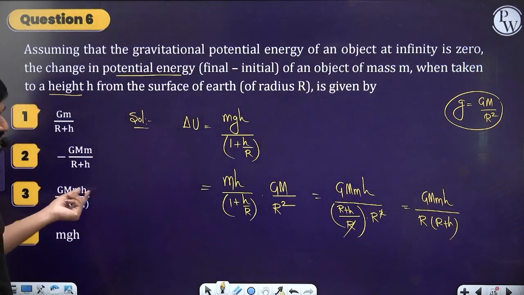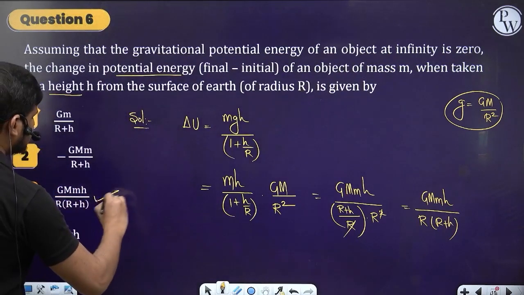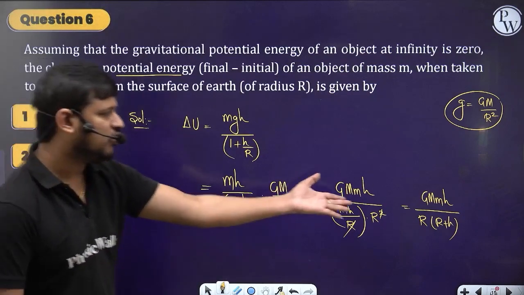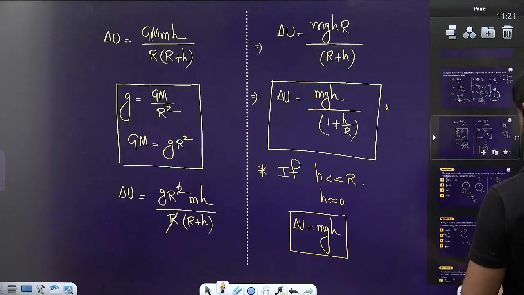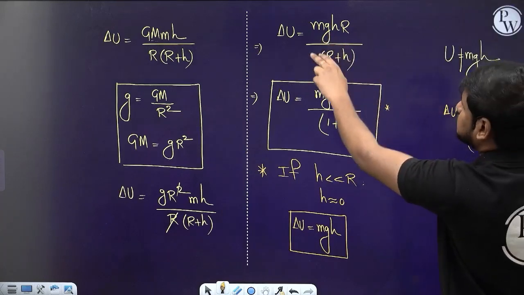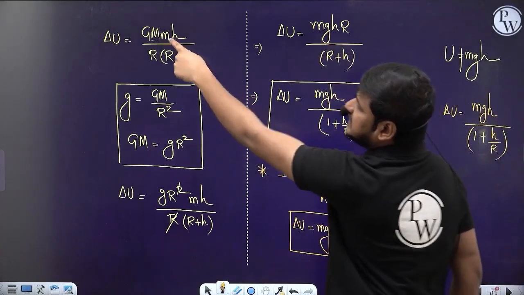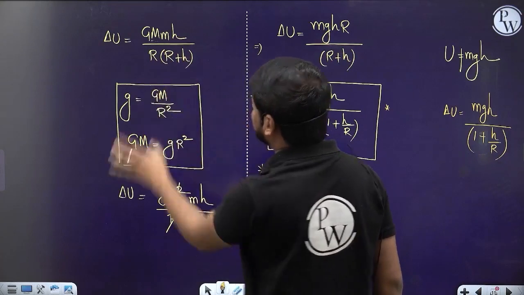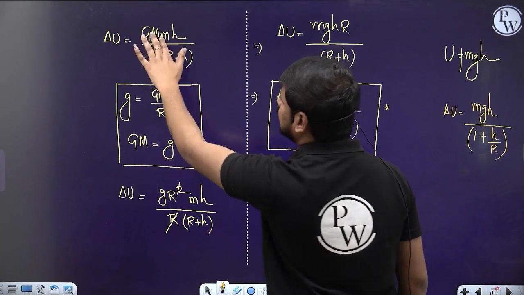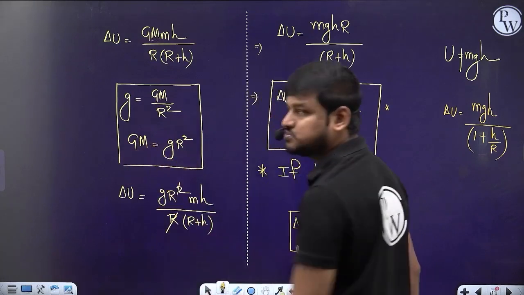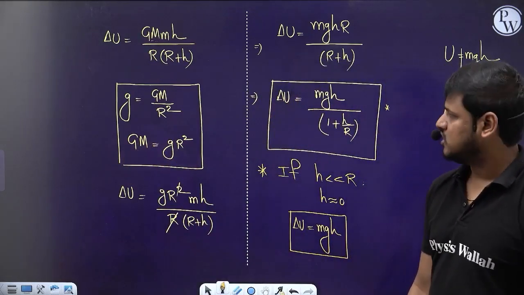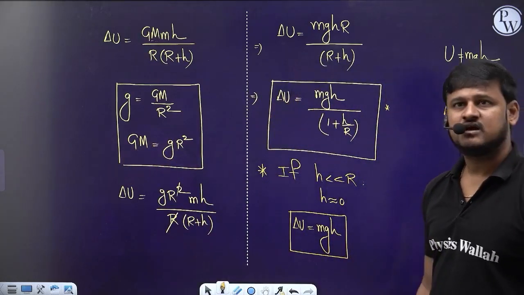This we already got in the derivation somewhere here. So from here we changed this GM, in place of GM we wrote small g into r square. Okay, now clear guys? Done?